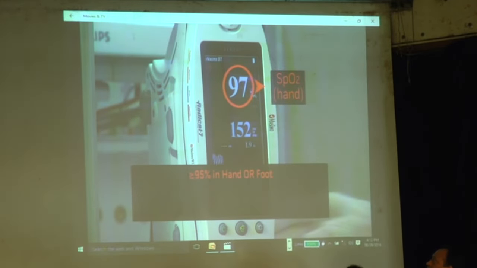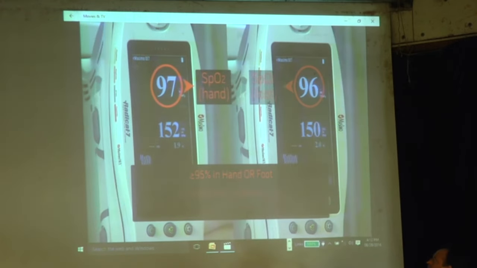So if it is more than 95% in the right hand or the foot, and the difference between these two is less than or equal to 3%, it is negative for CCHD.